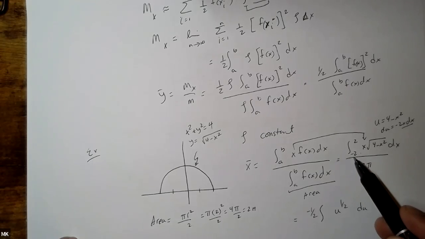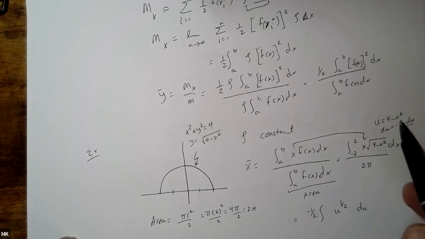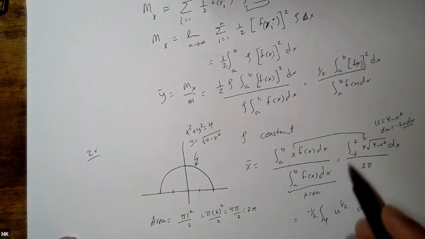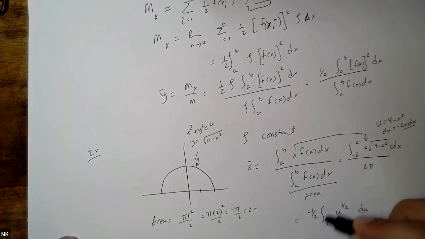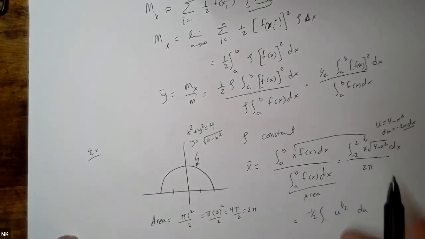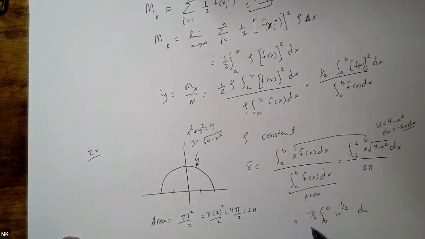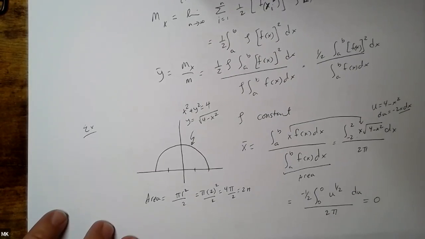When x is negative 2, negative 2 squared is 4, 4 minus 4 is 0. When x is 2, 4 minus 4 again is 0. So my x bar turns out to be 0.